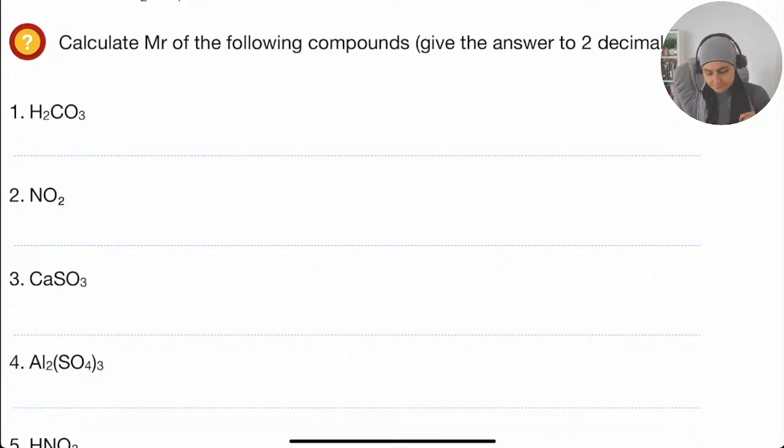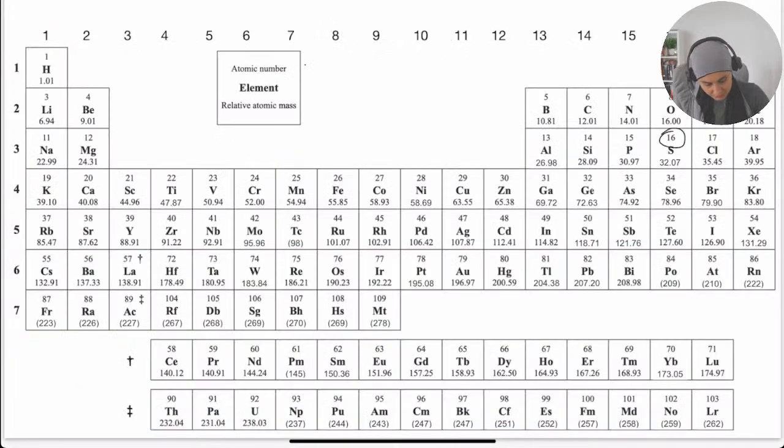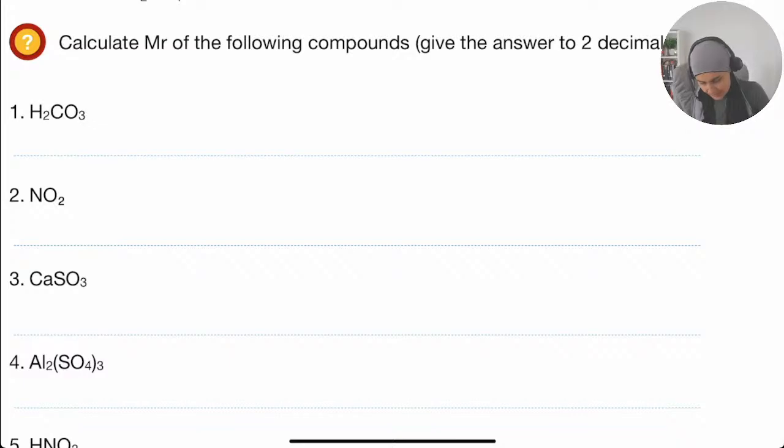Let's do one example. Calculate Mr of the following compounds. Give the answer to 2 decimal places. So let's calculate Mr of H2CO3. What do we have?